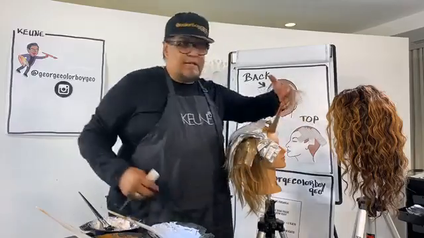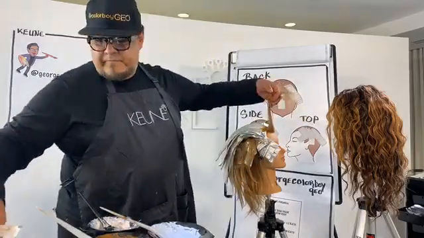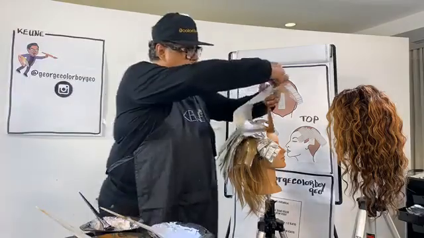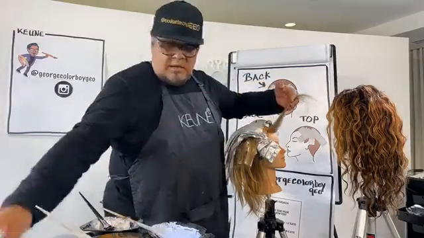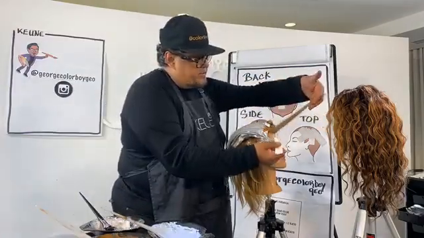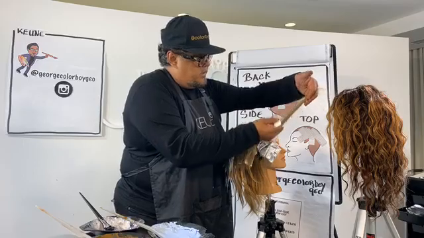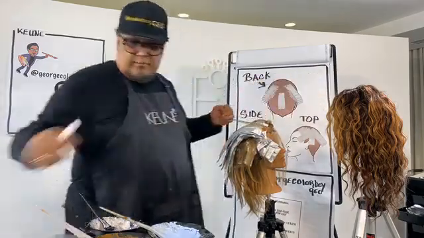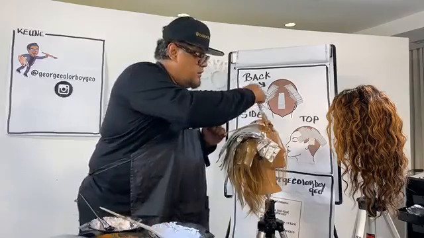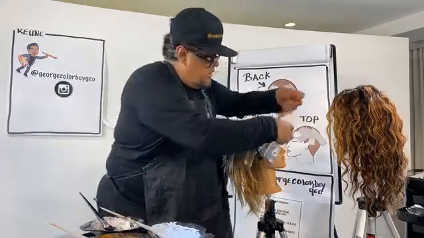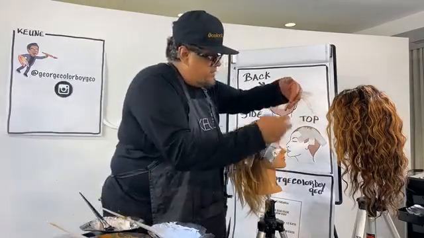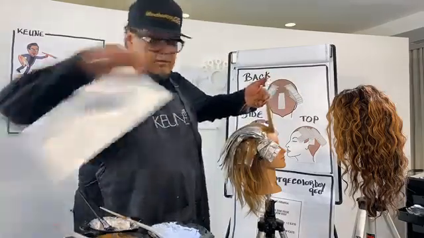So now this is my last section I'm going to be working with. I want to break that up just a little bit. I think that's too thick. Drop that out. Now this section right here is good.